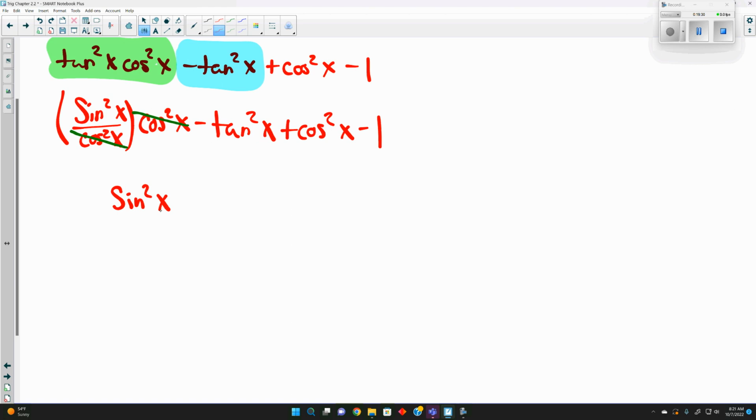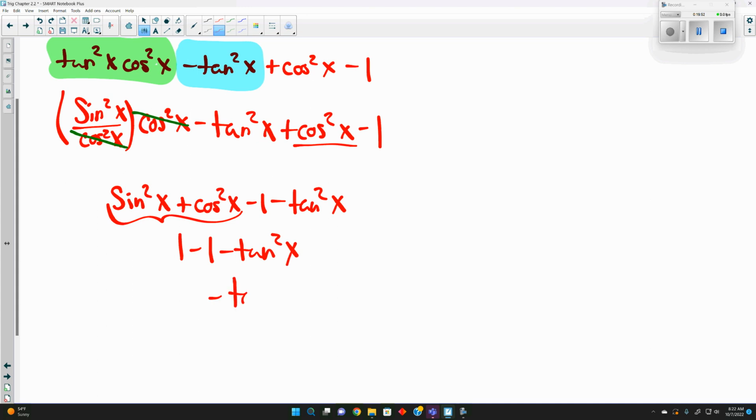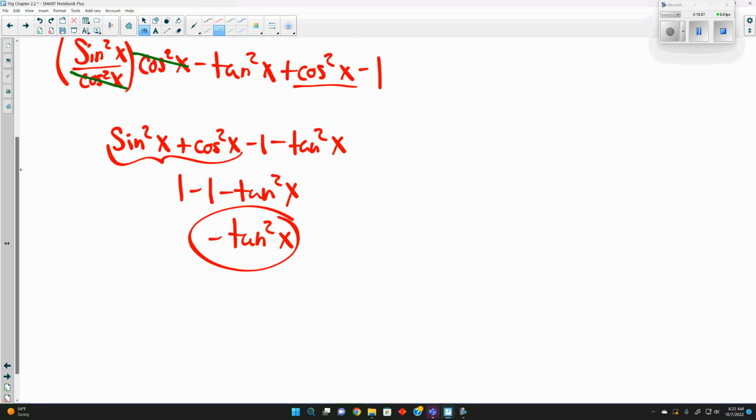Wait a minute. Sine squared and we put minus 1. We now have one of the identities, don't we? Because this here is 1, and that's it.